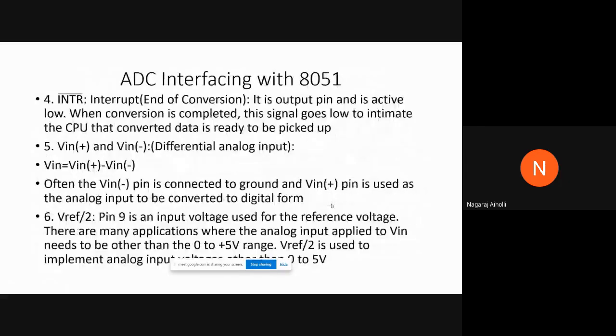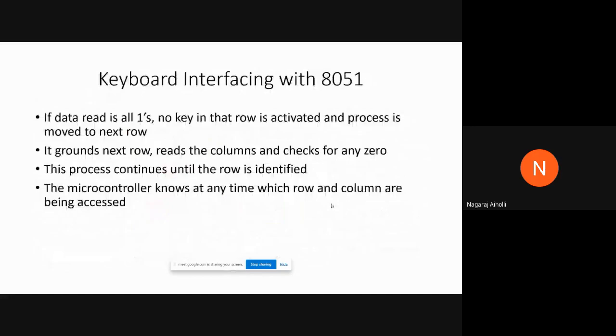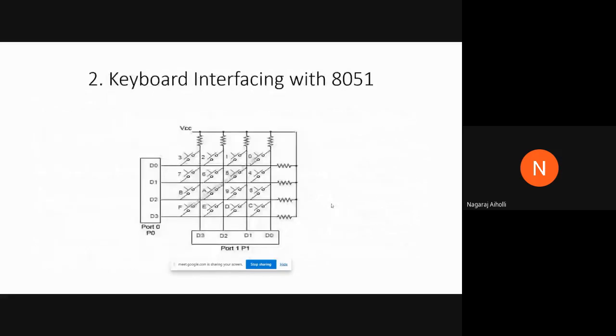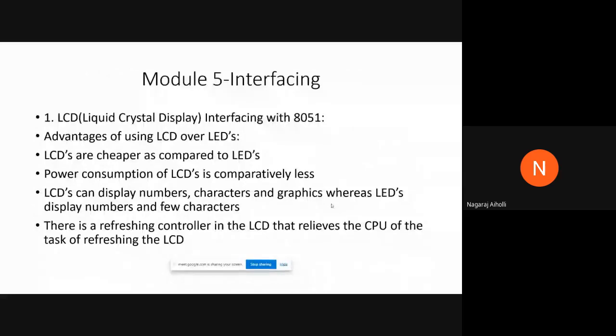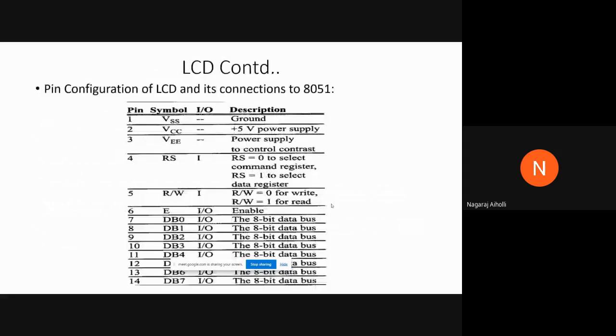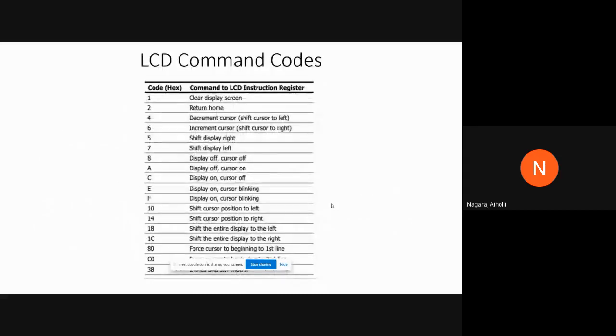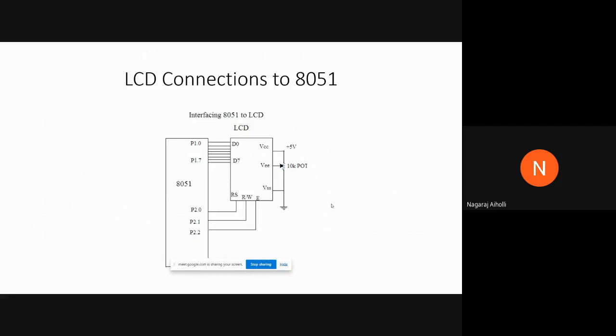In today's class, students, I have discussed the LCD, its advantages over that of LEDs, then pin configuration of LCD and its connections to 8051, LCD command codes, then interfacing between 8051 microcontroller and LCD.